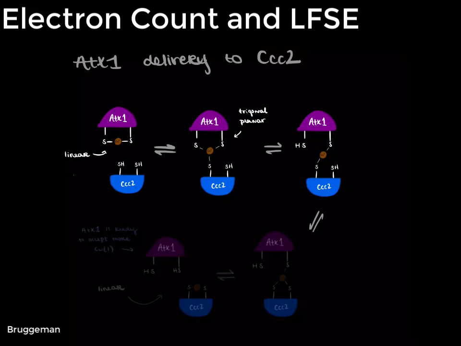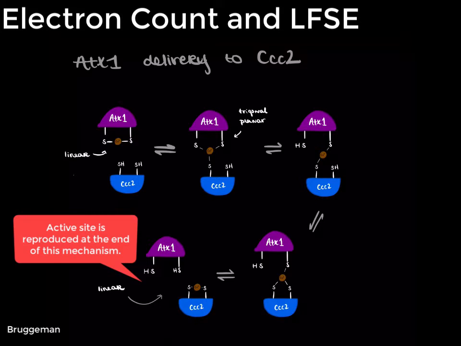This capacity is also enabled by the electron count, with 10 electrons from the metal and 2 from each sulfur, which has not yet reached its capacity of 18. Thus, the geometry is able to transition from linear to trigonal-planar before breaking the bonds with ATX1 and returning to a linear geometry at the CCC2 site.